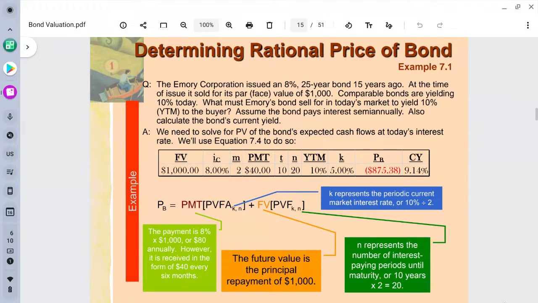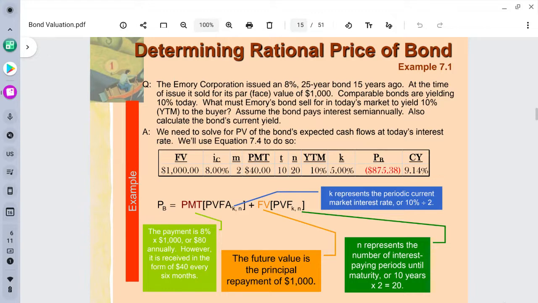is that the bond is priced to yield 10%. And priced to yield means, if you use that 10% as the discount rate, the price of the bond that you arrive at will give you exactly 10% return. That's what it means. So it's also called yield to maturity. 10% is the yield to maturity because yield to maturity is the annualized yield until maturity.